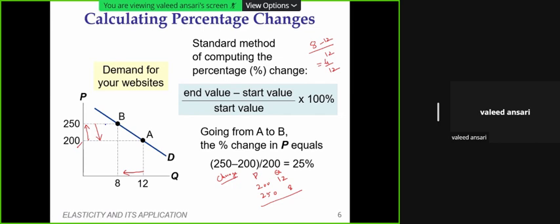So in order to overcome this issue, in the denominator we take the average quantity and average price. For example, it was 200 and 250, we take the average of this, 450 divided by 2. Similarly, for price, instead of the starting point, we will take the average price.